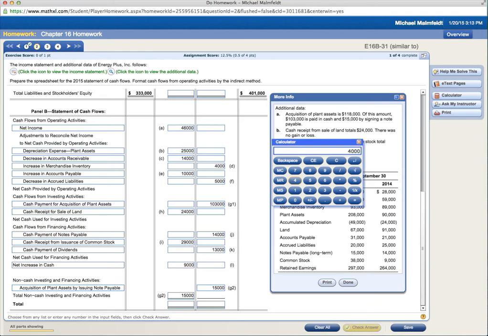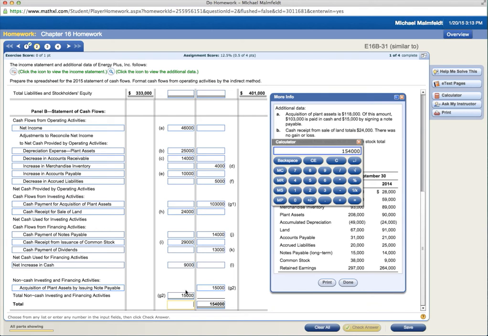Start with 4,000 plus 5,000 plus 103,000 plus 14,000 plus 13,000 plus 15,000 equals 154,000.